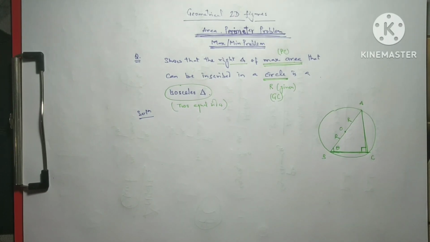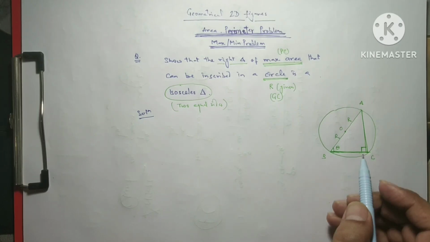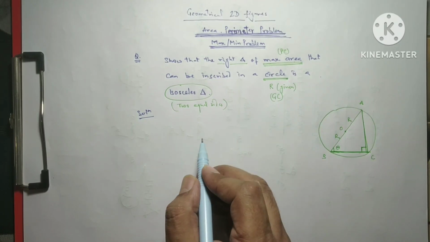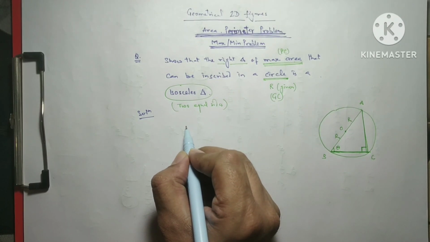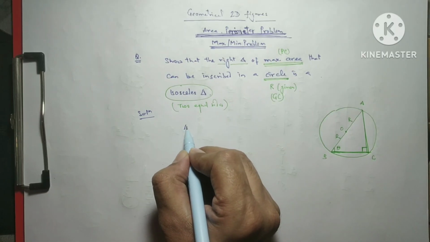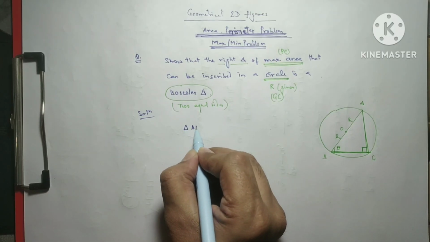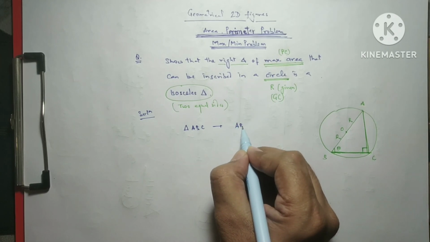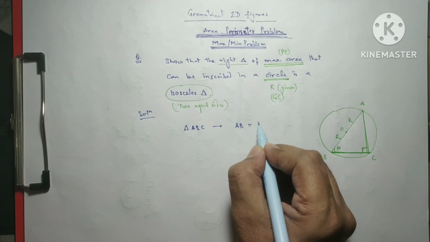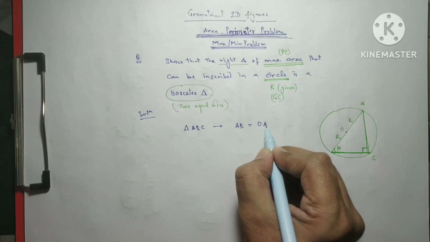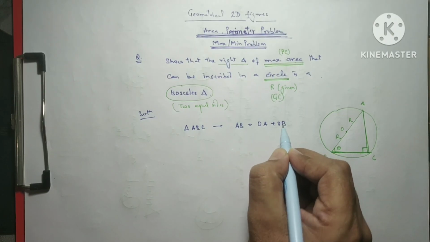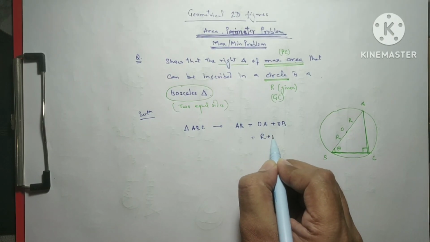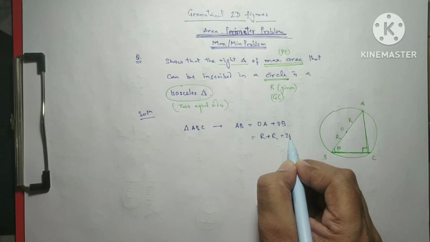So we will start this question. Right now we have this triangle ABC in which AB is the diameter, meaning it is OA plus OB, and these are radius, so R plus R, that is 2R.